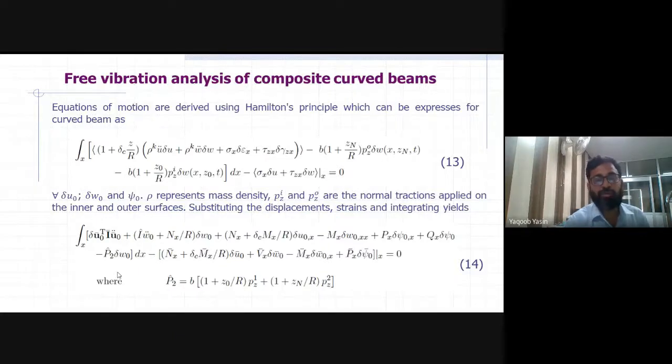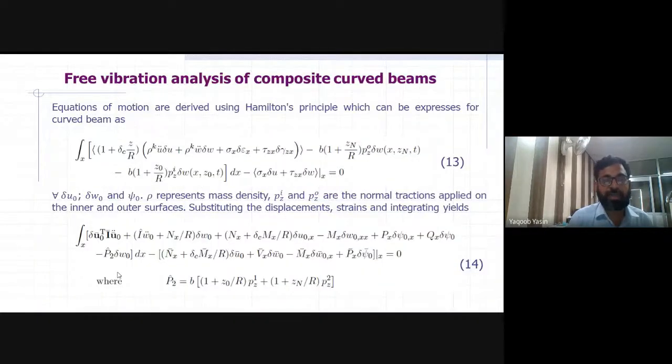We substitute the values of strains, epsilon x and the shear strain gamma zx, in terms of displacements u and w and their derivatives. When you substitute these values, epsilon x and gamma zx in terms of u and w, you will be able to find equation number 14.